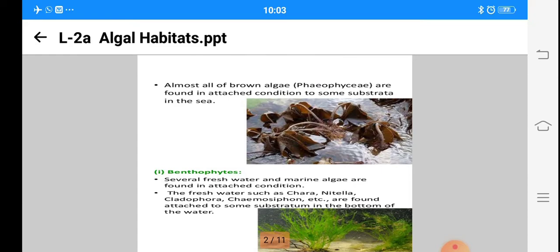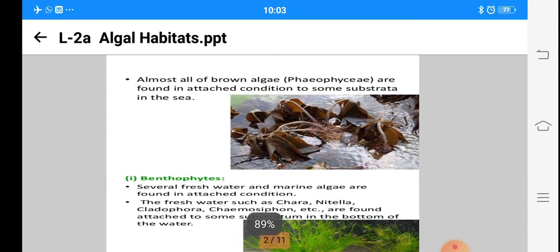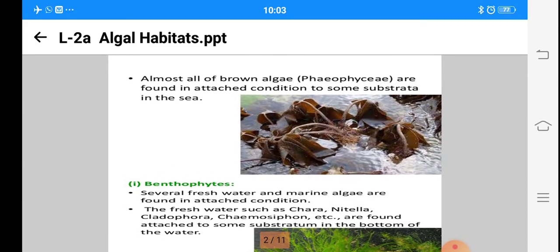So here, as we know, there are some brown algal members from the Phaeophytes. They are generally attached to rocky areas or seashore areas. So first, these are commonly called benthophytes.